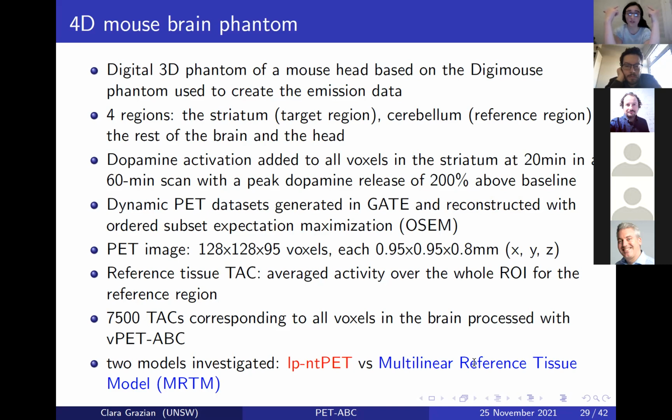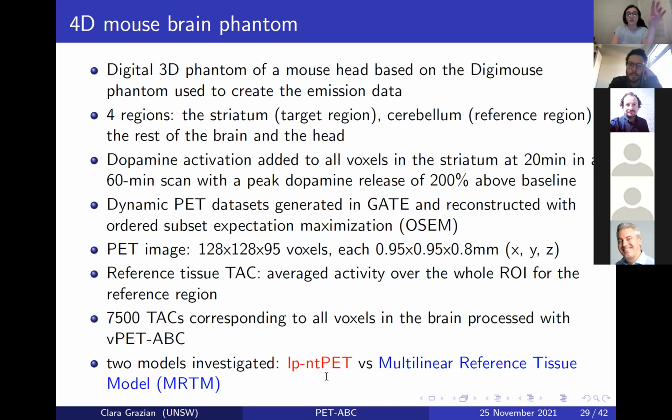The goal was to study dopamine activation. The PET data set was a dynamic PET data set, so observed over time in a 60-minute scan. More or less, there were 7,500 time activity curves and voxels, corresponding to all the brain, and they were processed with the ABC algorithm I'm going to present in a moment.